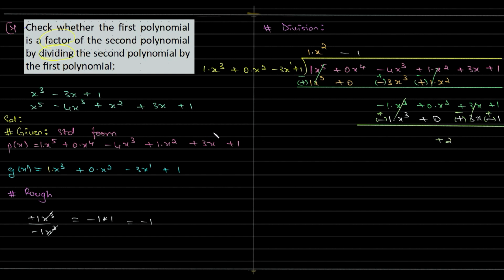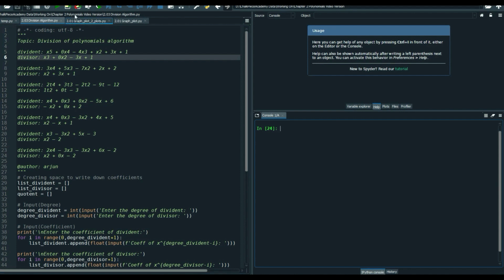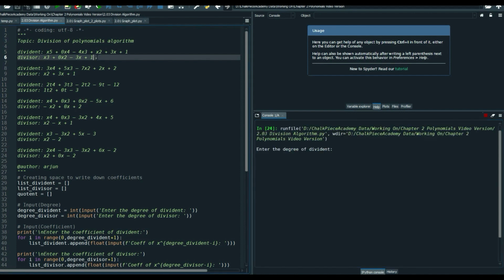Well, we are now doubtful if our remainder is supposed to be 2. So is g of x not a factor of p of x? Let's verify this with the help of our code. I have the expression over here, the divisor and the dividend. The dividend's degree is 5 and the divisor's degree is 3.